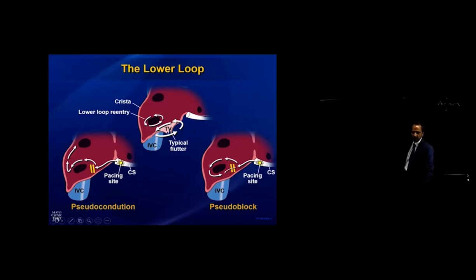Perhaps more important is the opposite phenomenon, and that is when we have very slow conduction and we pace the coronary sinus, we might shunt around through this lower loop and give an appearance of reversal of activation on the distal side of block, on this side of our ablation, making us think we have block.